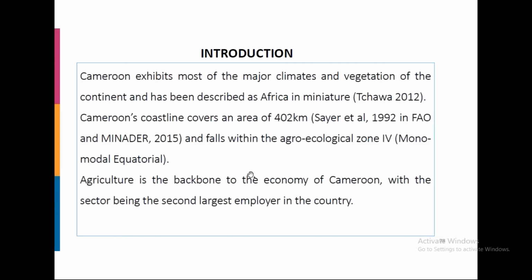Since Cameroon exhibits most of the climates within the African continent, it is most often referred to as Africa in miniature. As such, the coastline occupies about 402 kilometers, as from studies by Soye et al., 1992. Within this coastal zone of Cameroon, there lies the agroecological zone 4, which is a monomodal equatorial climate.